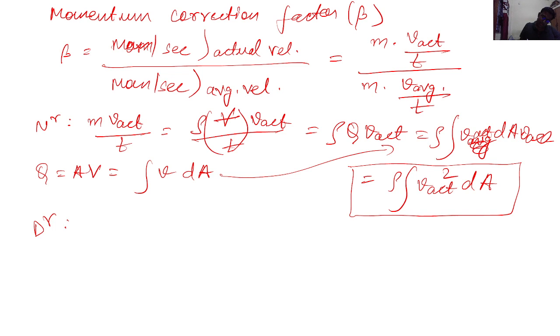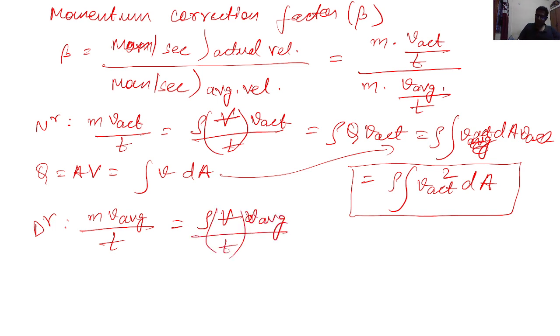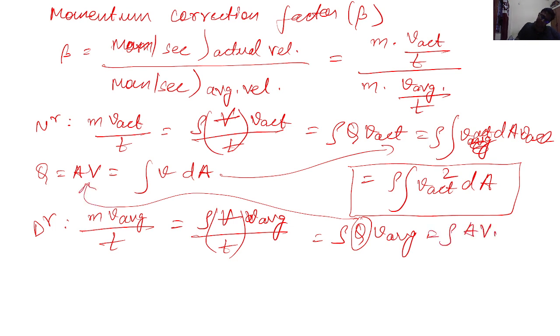The denominator is again m V average by T, where mass can be written as density times the volume, times V average by T. The volume by T becomes the discharge, so it is rho Q V average. Q will be nothing but A times V from this expression, and V average can also be written as capital V. Just remember the notations which I just used.